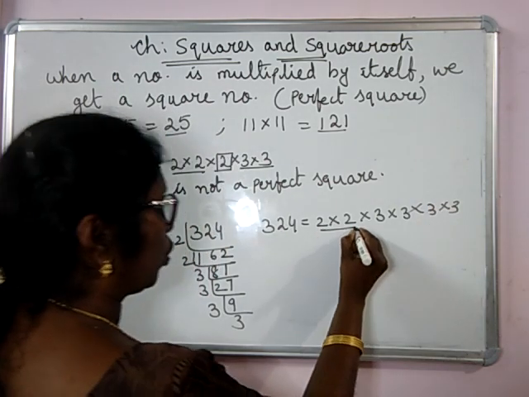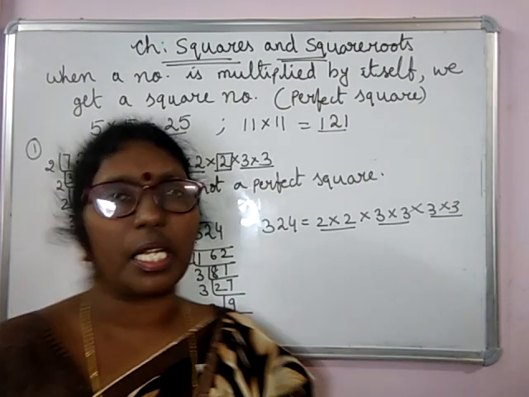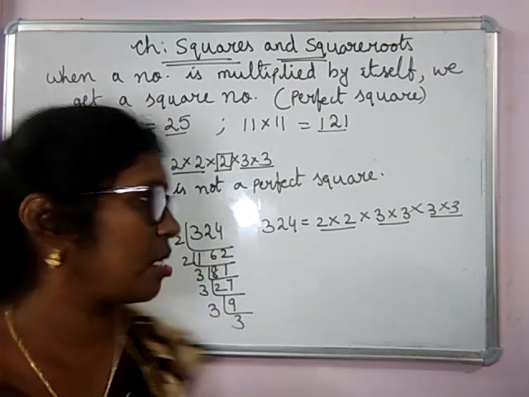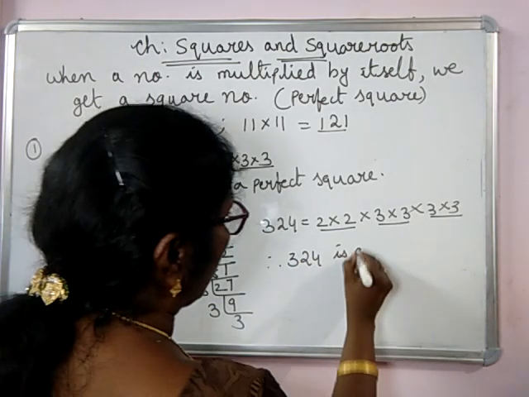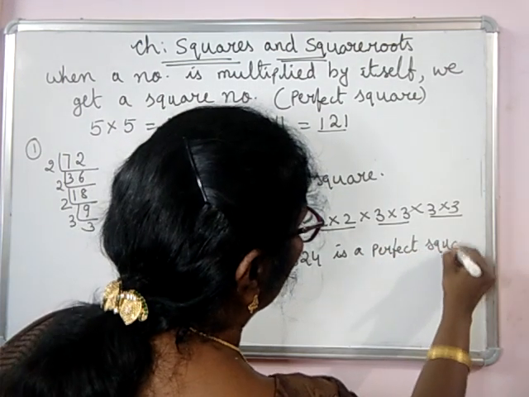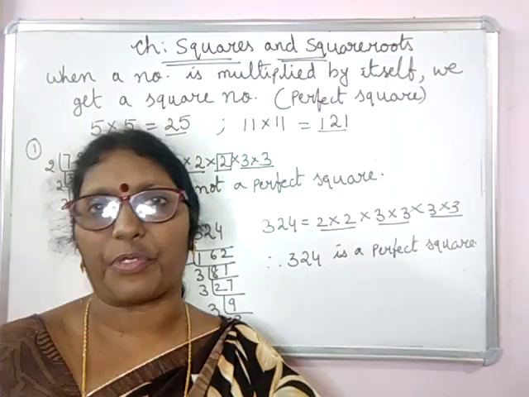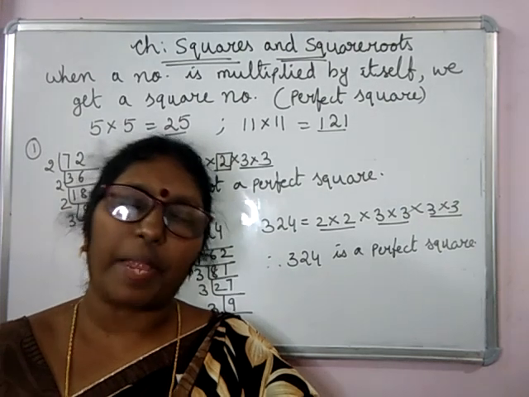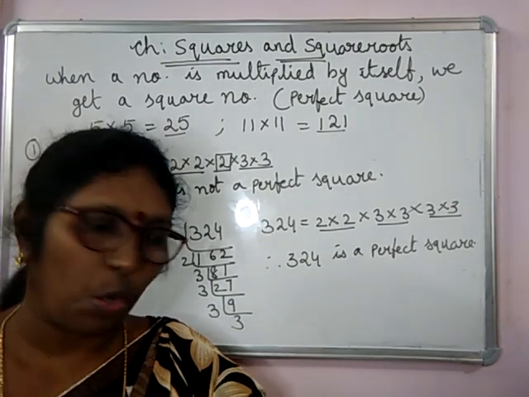Okay? 2 2s, 2 3s, 2 3s. Yes, 324 has pairs of identical factors. Therefore, 324 is a perfect square. So if a number is given to you, and you want to know whether it is a perfect square or not, find the factors. If the number has pairs of identical factors, you can say yes, otherwise no.